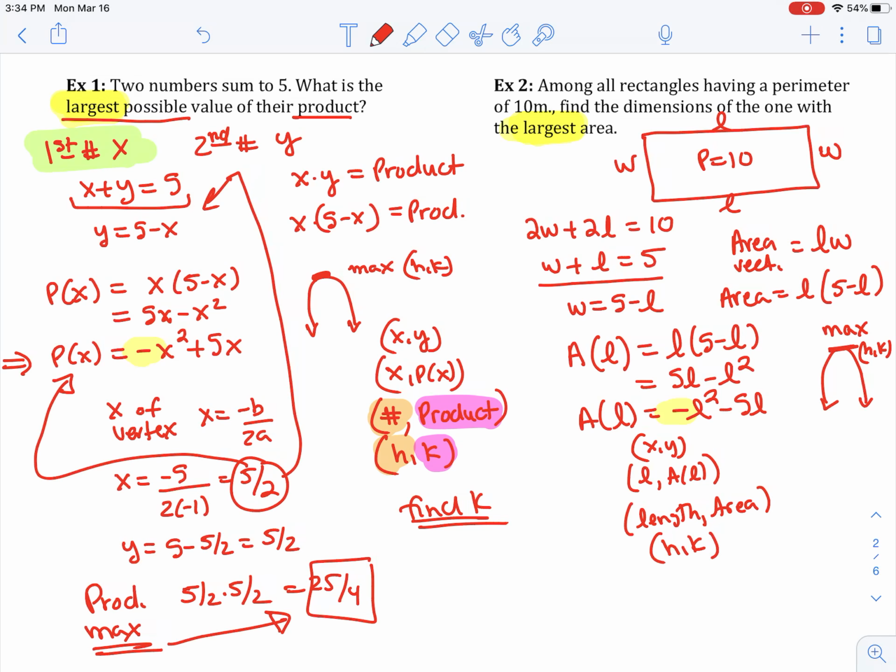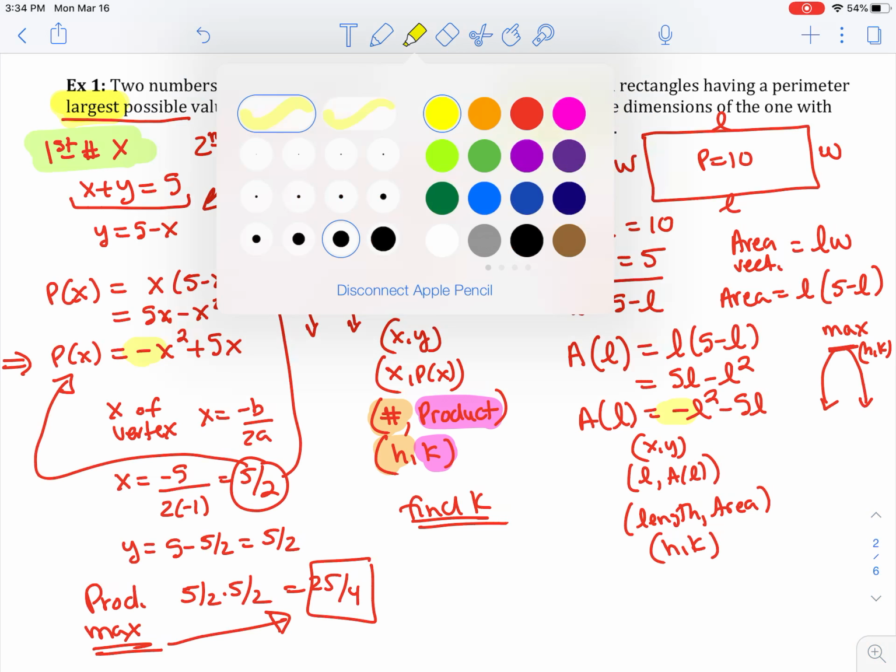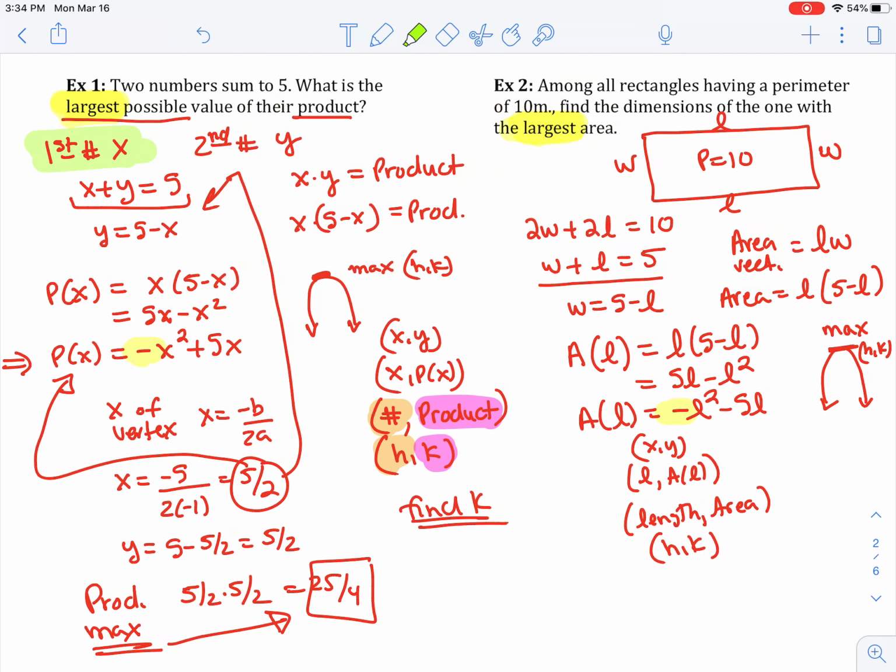It happens to be the highest XY point on our graph. So if we want to know something about length, then we should be looking at our H. And if we want to know something about area, then we should be looking at K, because K is representing area and H is representing length according to our equation.